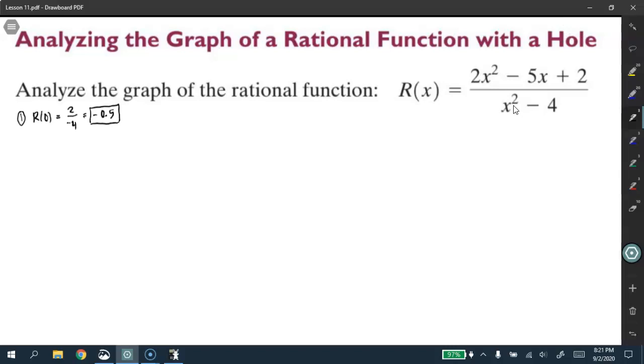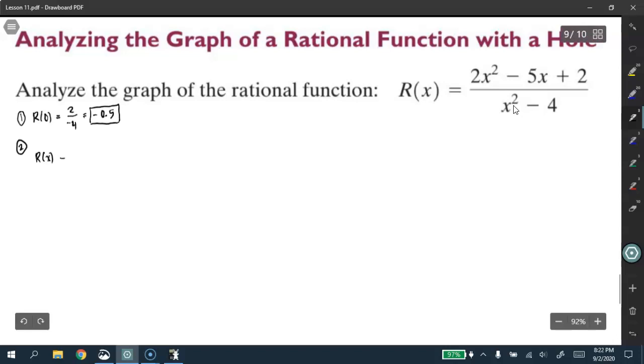Okay, now step number 2 is to tell the domain. So let's take a moment and tell the domain of this function. To tell the domain, you need to spend some time factorizing this. So let's factorize the numerator and the denominator, and this time we'll take the space to do it.